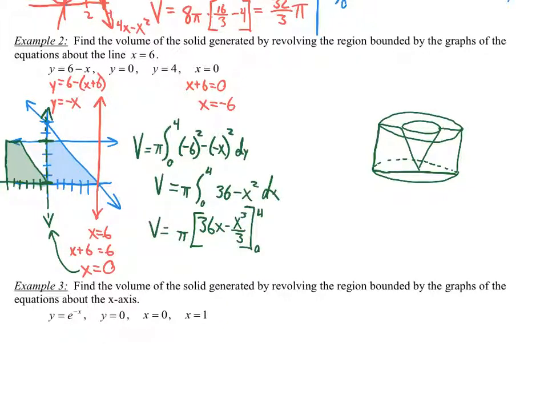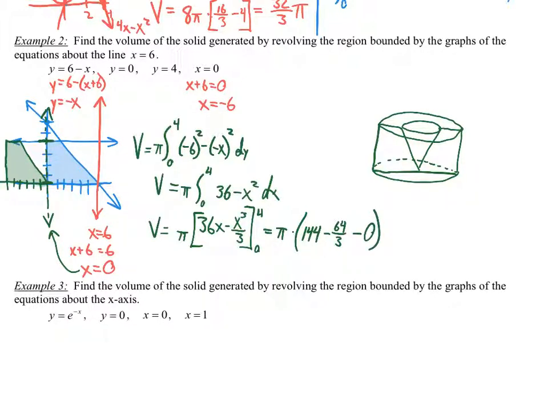When I plug in 4, I have pi times 36 times 4, this will be 144, minus 64 over 3. And then if I plug in 0, it's just 0, so this whole thing is minus 0.